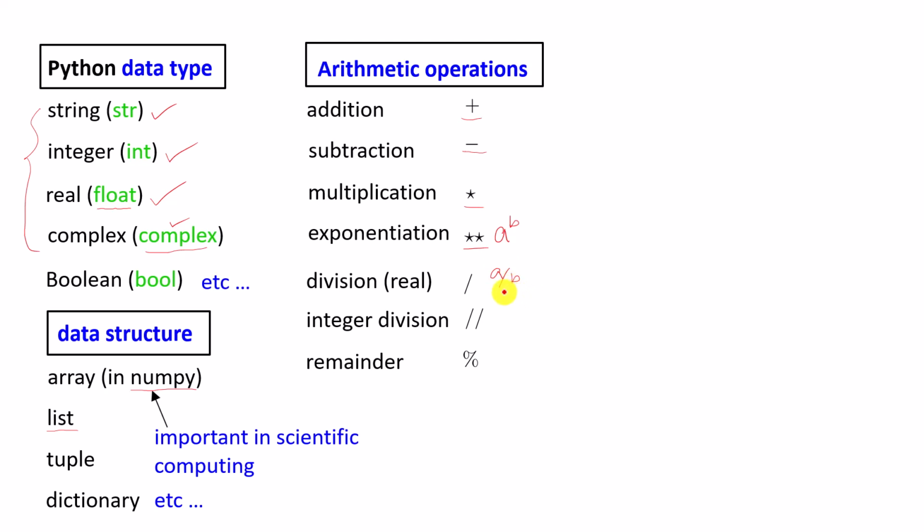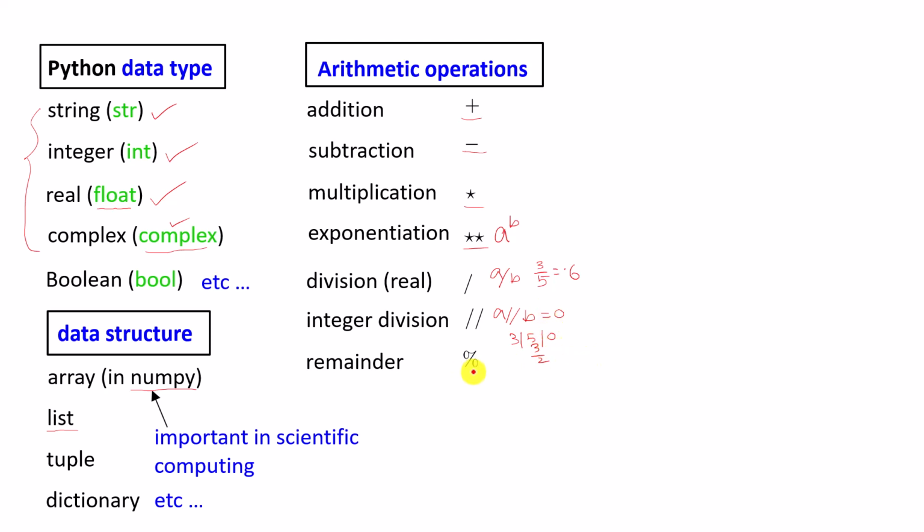When I divide a by b, I can have an integer division as well. So for instance, if I divide 3 by 5, I get a real division result of 0.6, but the integer division will give me 0.